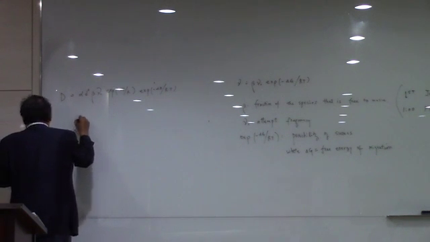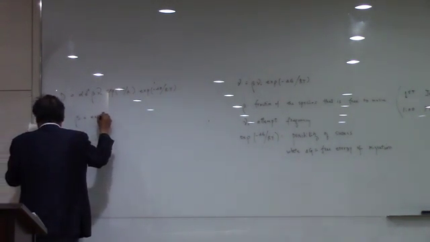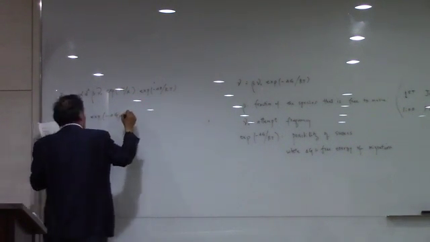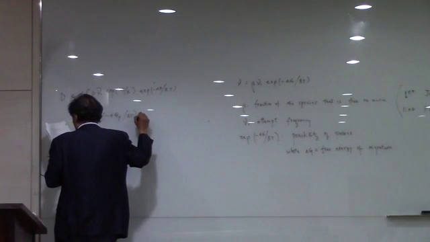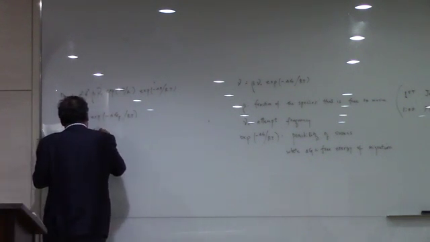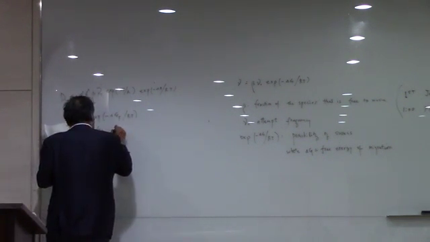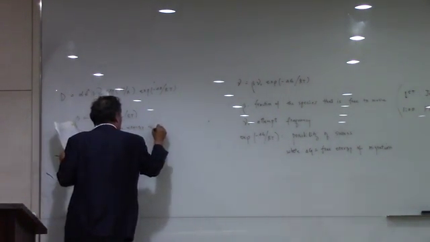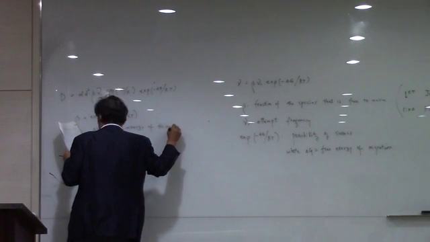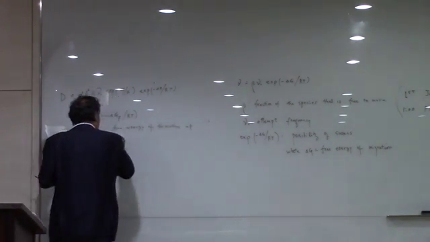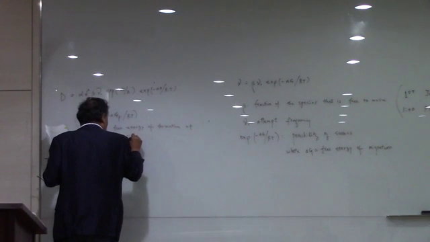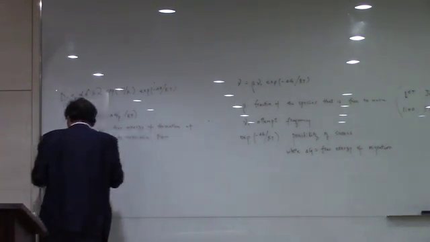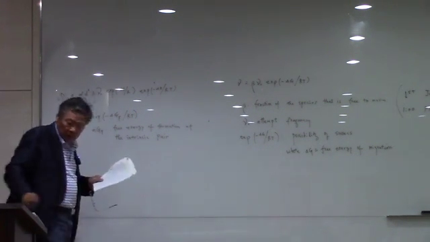And beta is exponential minus delta G_F over RT, and the G_F is in terms of defect pair.